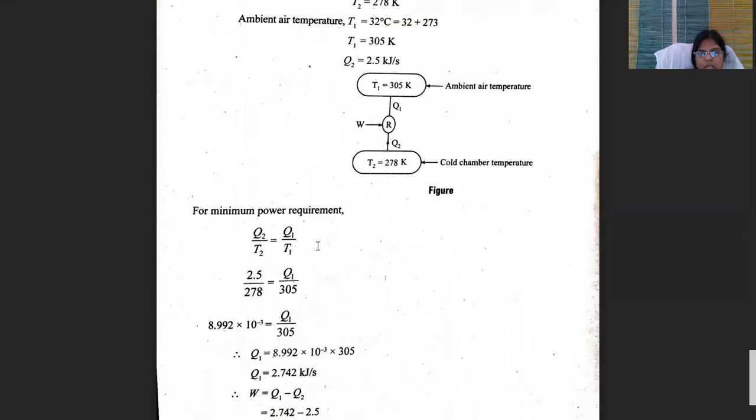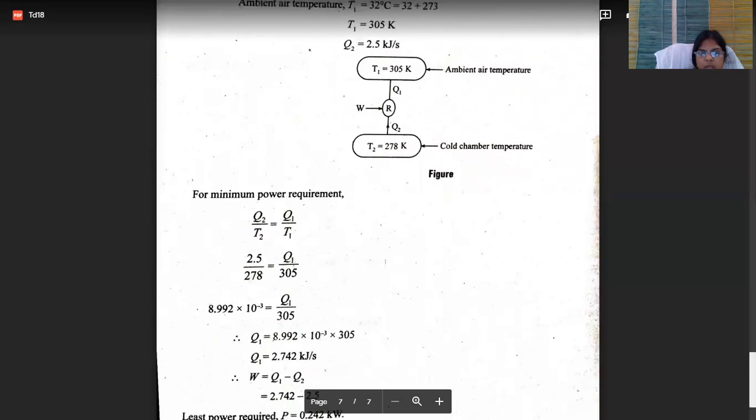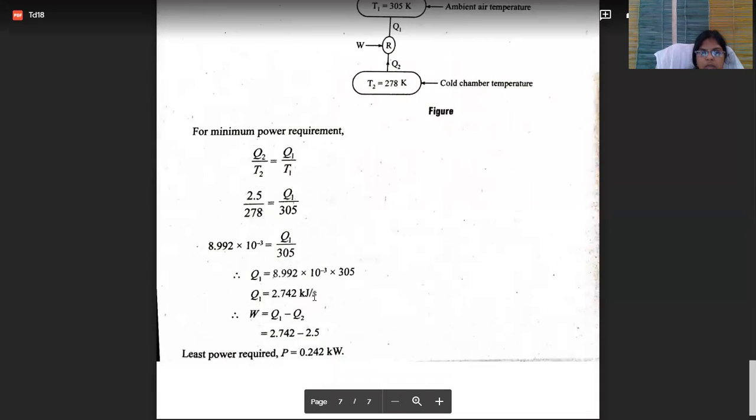The formula is Q2 by Q1 is equal to T2 by T1. So that changes to Q2 by T2 is equal to Q1 by T1. We put the values here and get the value of Q1.